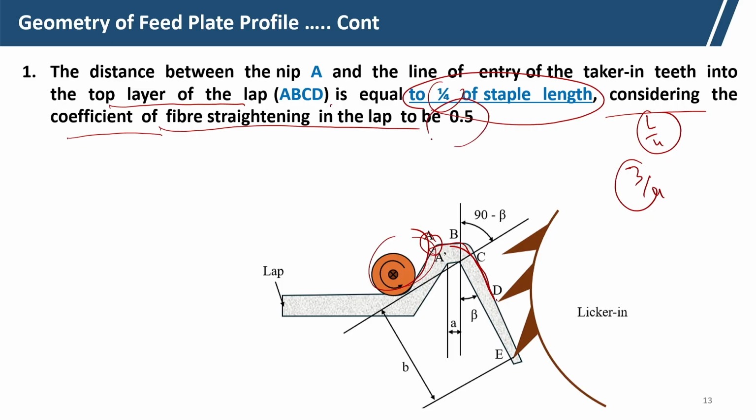The coefficient of fiber straightening is 0.5. So, for 0.5 coefficient of fiber straightening, it should be 1/4 of this. If you want to increase this length, the coefficient of fiber straightening will be affected.